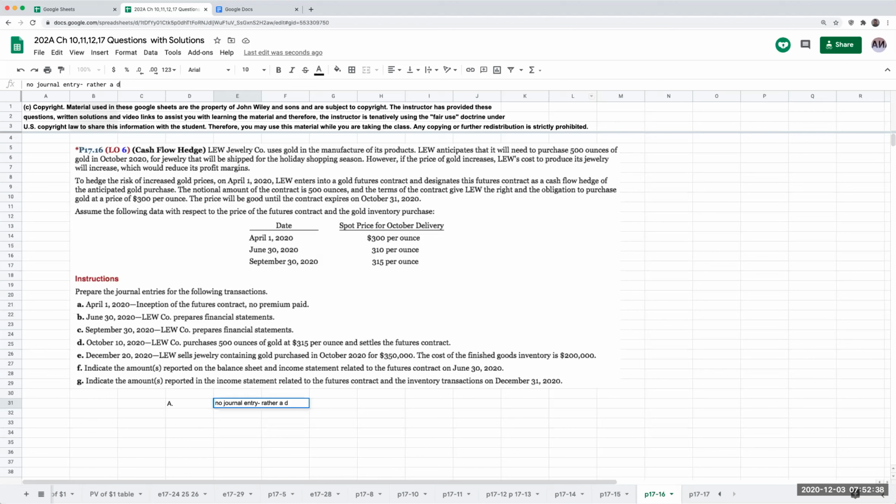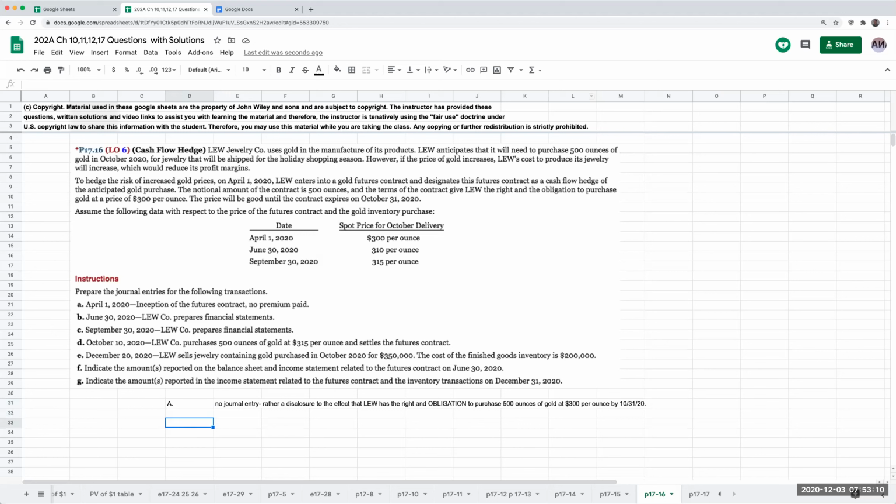Rather, we're going to have a disclosure to the effect that Blue has the right and obligation to purchase 500 ounces of gold at $300 per ounce by October 31st, 2020. And you would say that they entered into a contract, and that's how you would show that one.